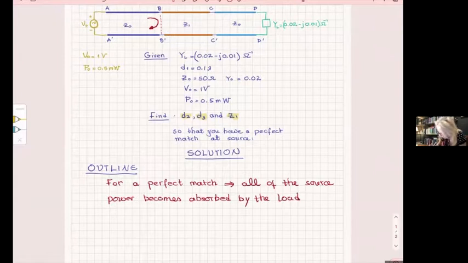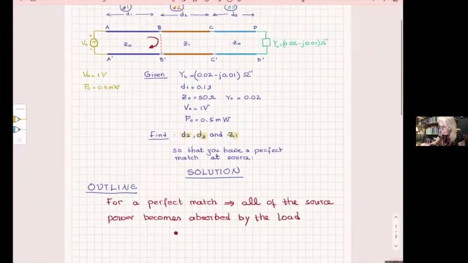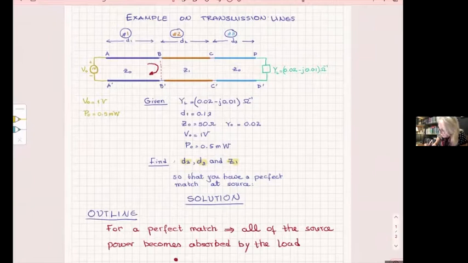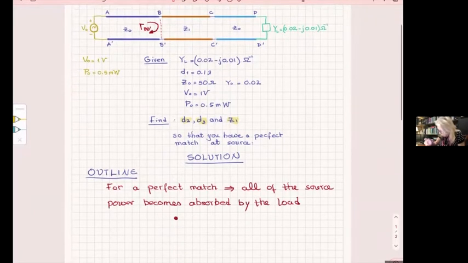What do I have to do? Number one, I have to make sure that this reflection coefficient at BB prime becomes 0. All right?